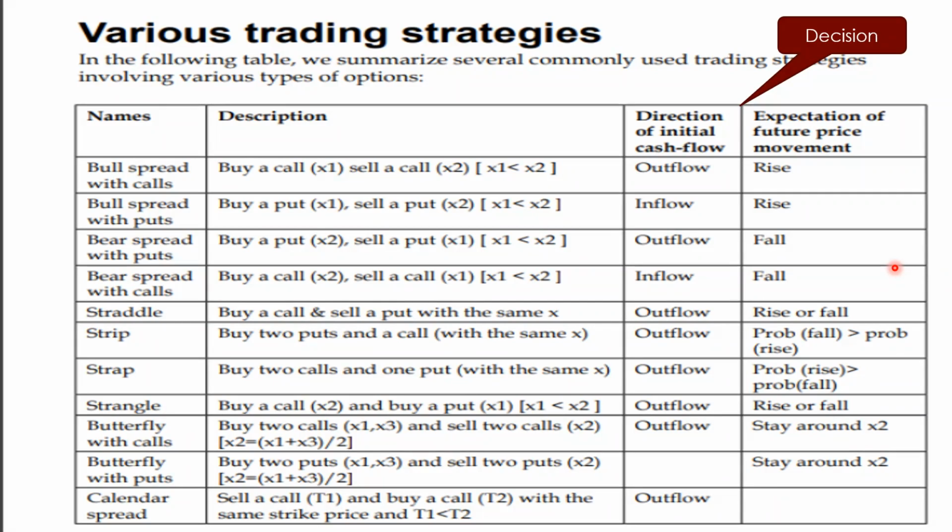You can see on the left-hand side what the different strategies are. Then the description. Then coming to the right-hand side, a very important thing: whether it is an outflow or inflow. Then what will be the expectation of the future price movement?